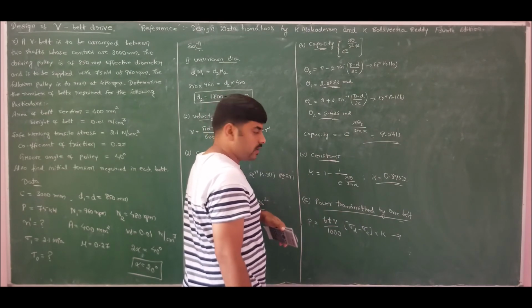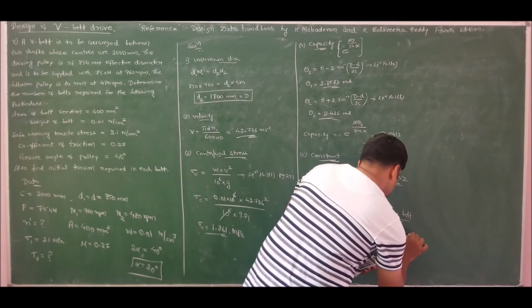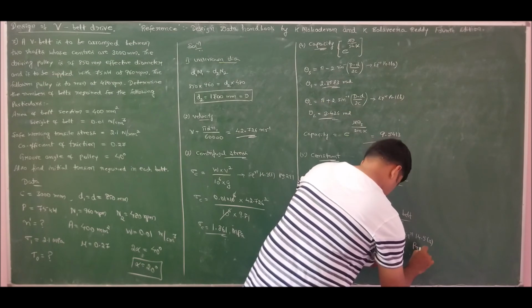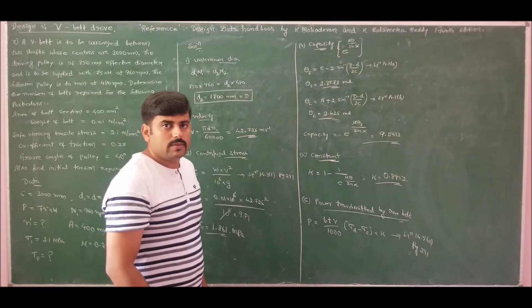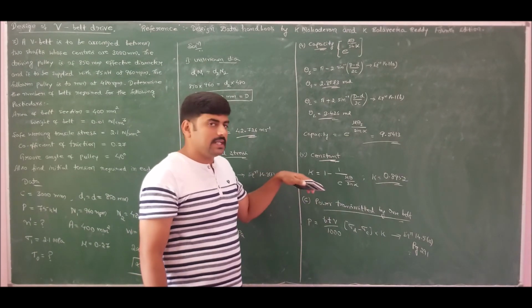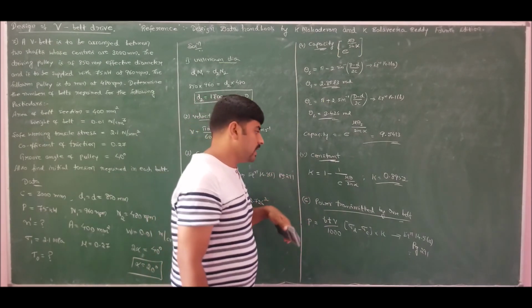Very important for V belts. Equation 14.5a, referring to page 291. The only change we are making is in the ratio of belt tensions, which is given by e to the power of mu theta by sin alpha. Make a note of it.